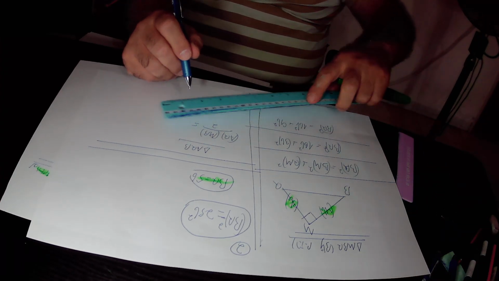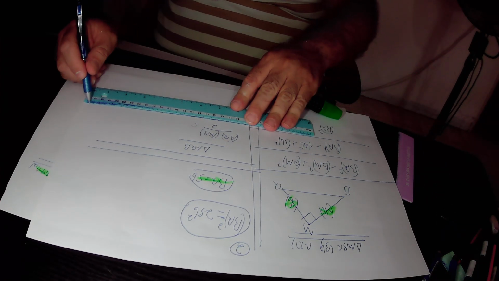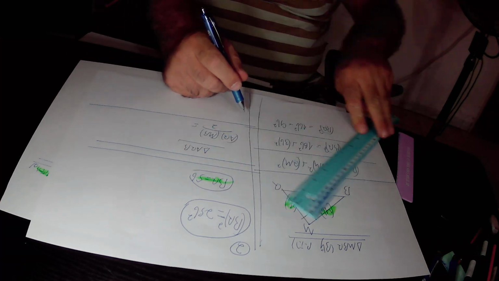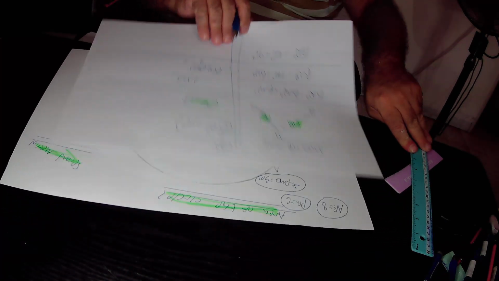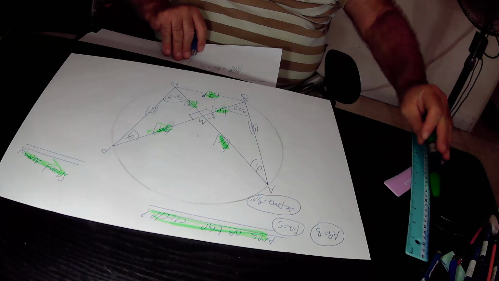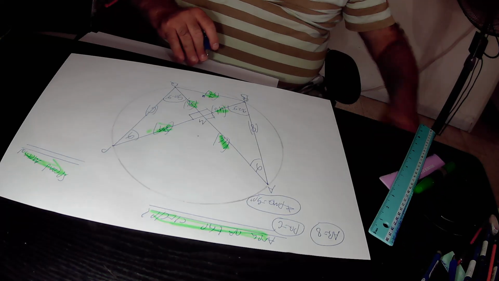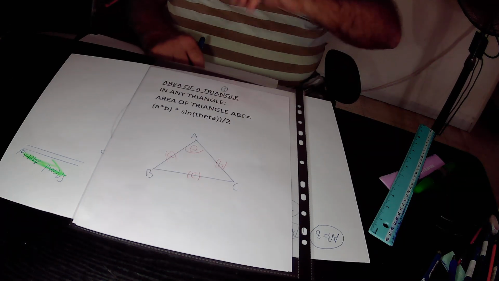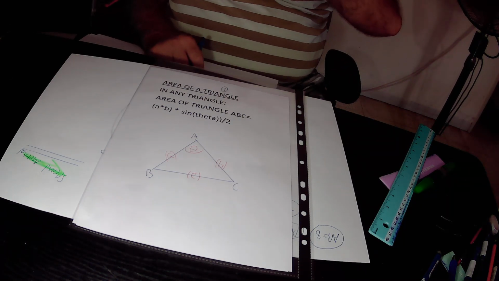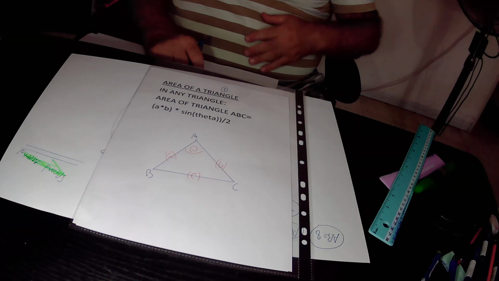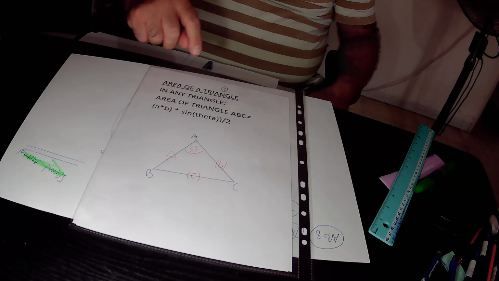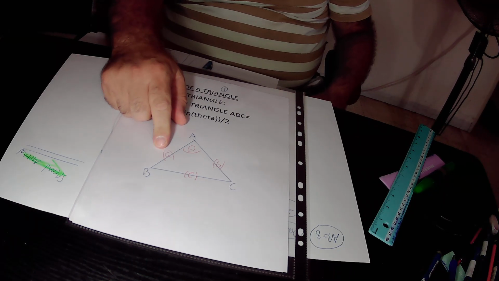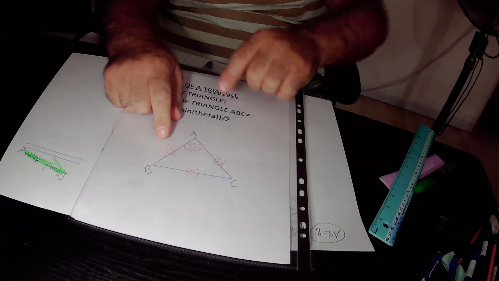In the next step, we calculate the area of triangle AQB in a different way. Here we have triangle ABC that could be any triangle. Side AB equals a units in its length.